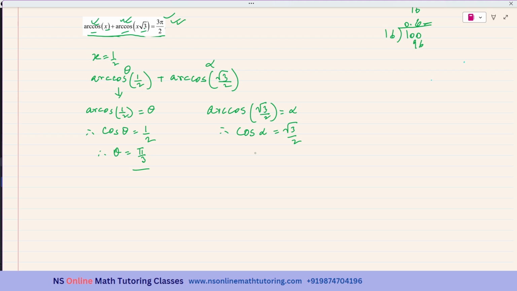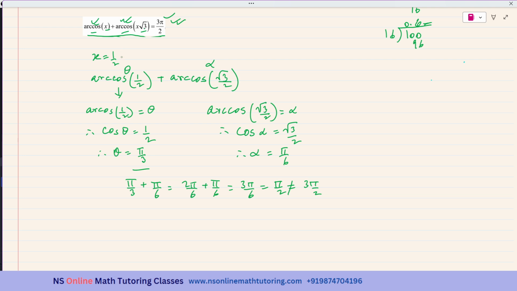Now, if we add pi over 3 plus pi over 6, this is equal to 2 pi over 6 plus pi over 6 equal to 3 pi over 6 equal to pi over 2. And this is not equal to 3 pi over 2.